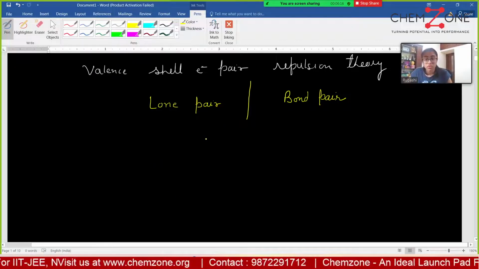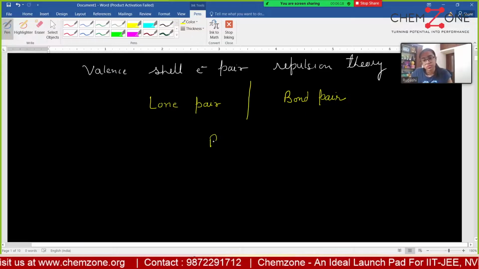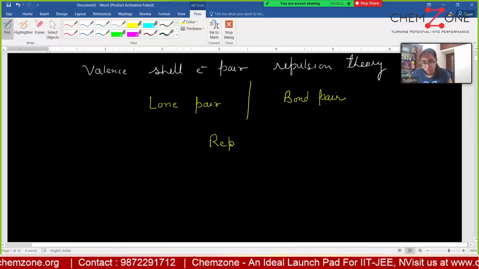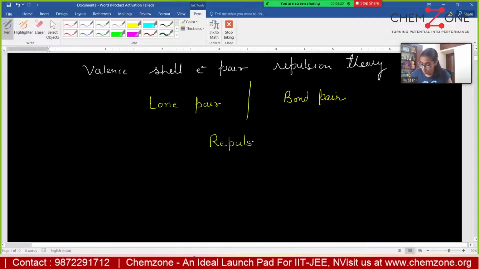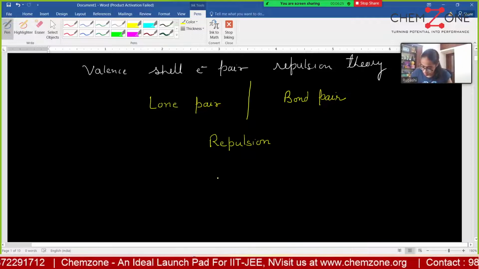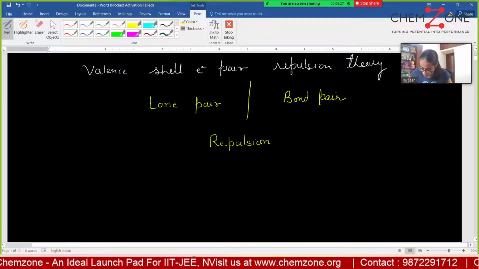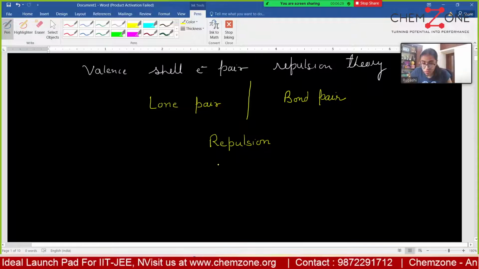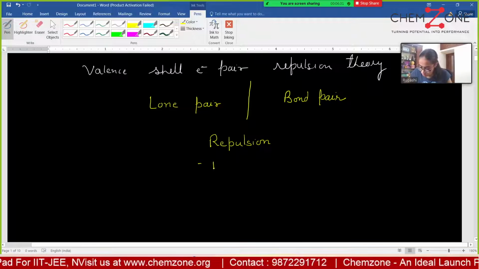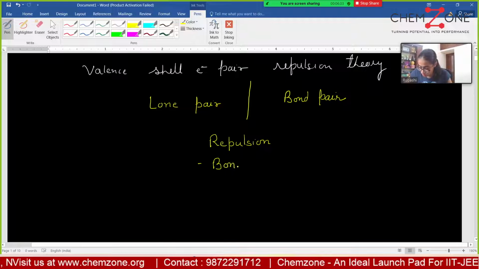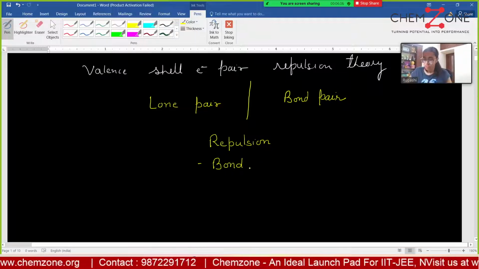Between these lone pairs and bond pairs of electrons, there is a repulsion. So the bonds are aligned at a particular angle where they get minimum repulsion.